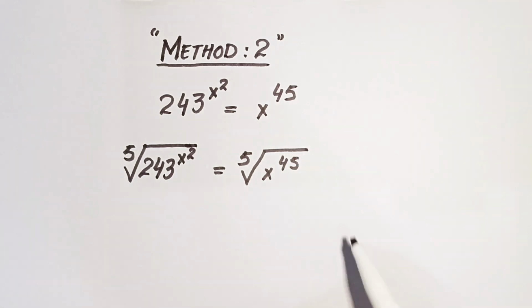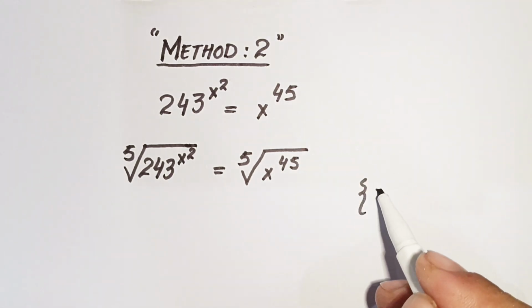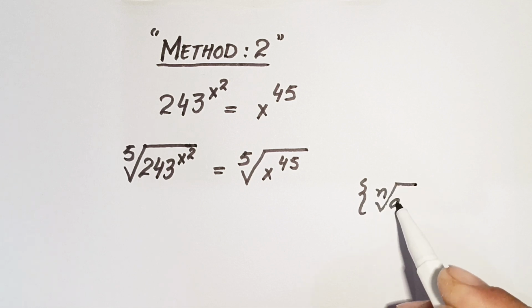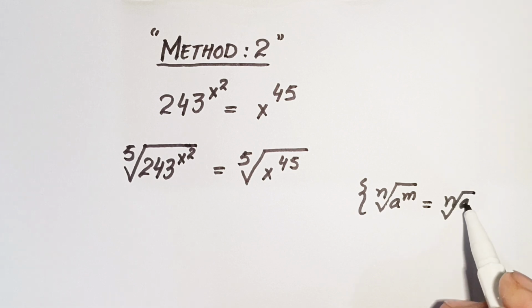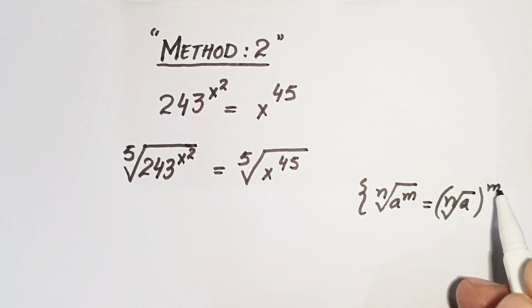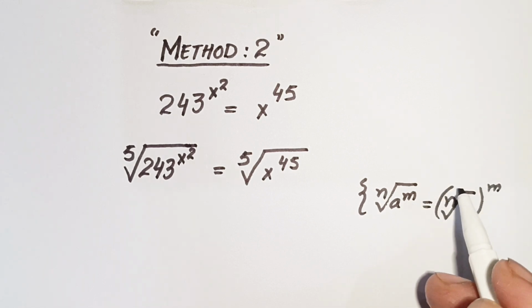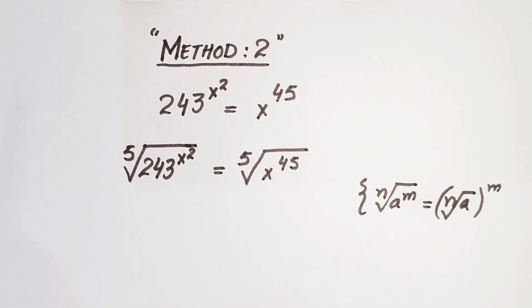And as we know by exponential property, if we have the nth root of a to the power m, it is equal to the nth root of a whole to the power m. We have just shifted this power over that exponent here.